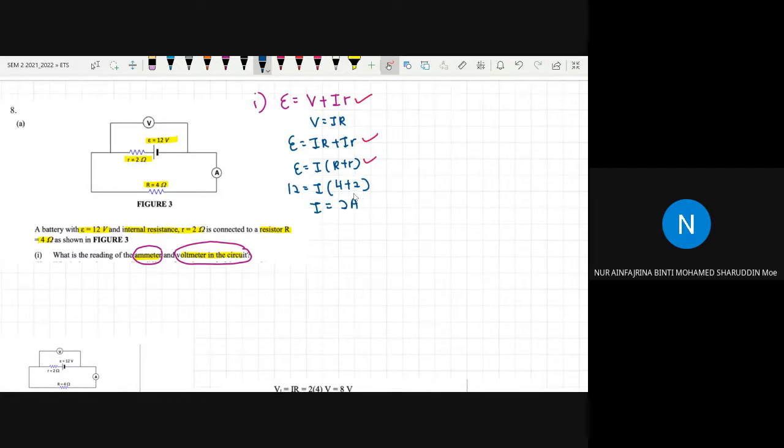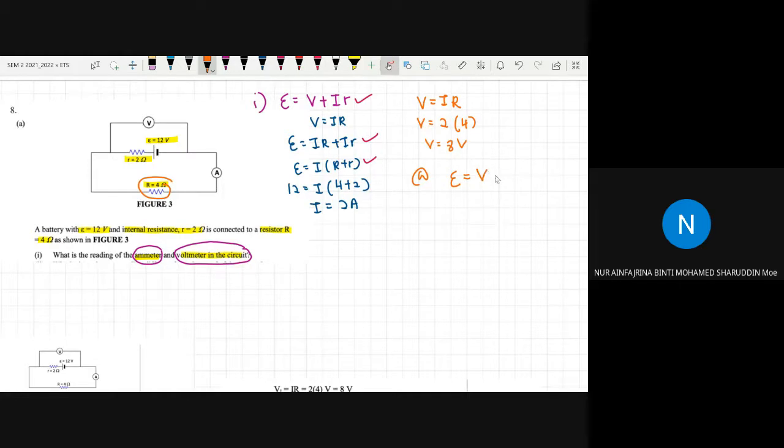Okay, what about the voltmeter in the circuit? Okay, untuk voltmeter in the circuit, you have two formula that you can use. Satu adalah V equals to IR. Okay, kita buat dulu V equals to IR. So V kita nak cari current 2 dan resistor kita adalah 4 ohm. So akan dapat jawapan 8 volt. Or boleh guna formula ini.